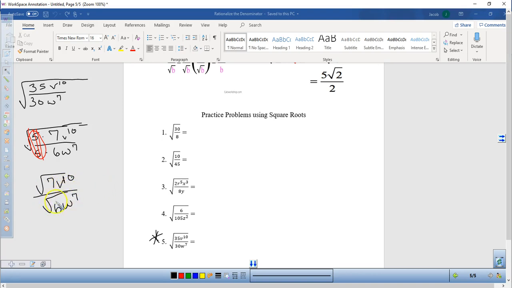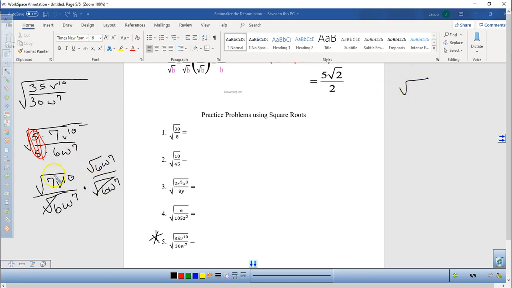To me, it just seems a little easier to go ahead and rationalize since I've got variables on top and bottom. All right, now I'm going to multiply by the square root of 6w to the 7th. And up here, square root of 6w to the 7th. So radicals cancel on the bottom, multiply together, and continue over here.